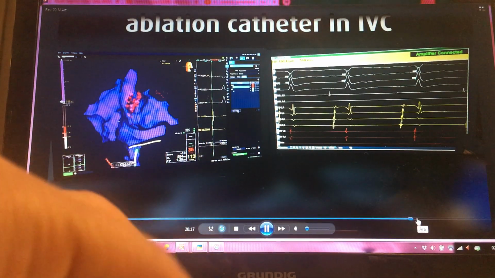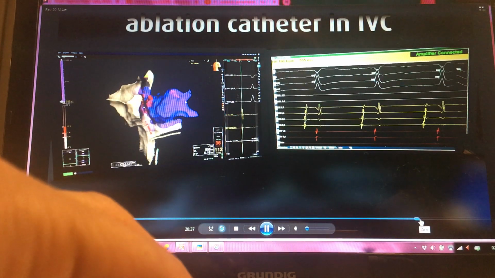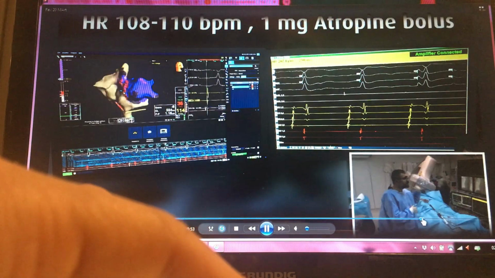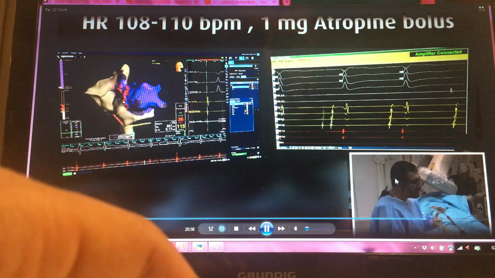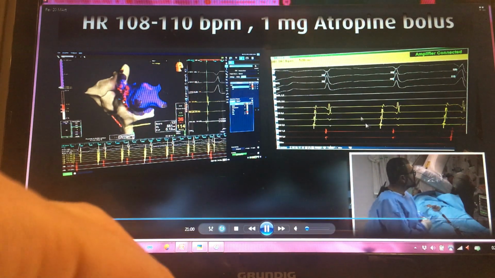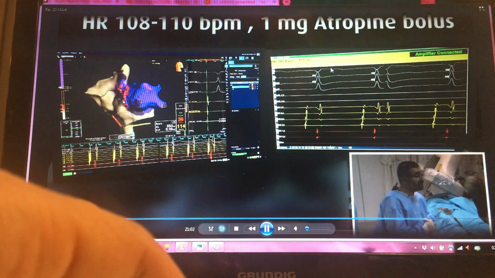A little bit quick. We are still waiting, and then we will administer 1 milligram atropine.